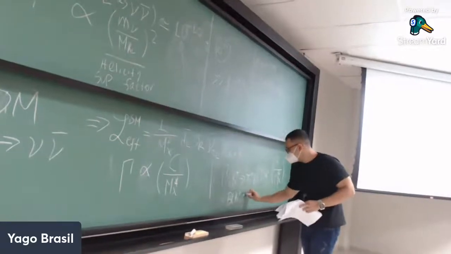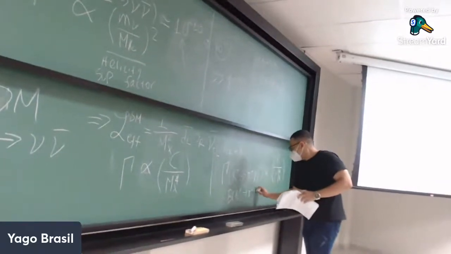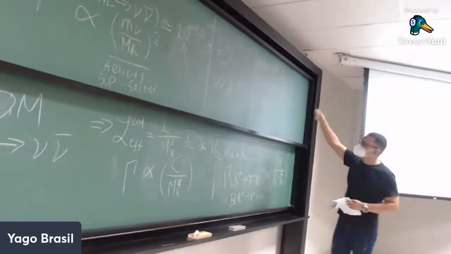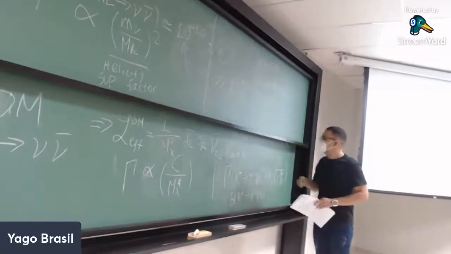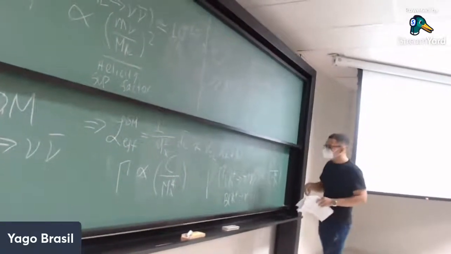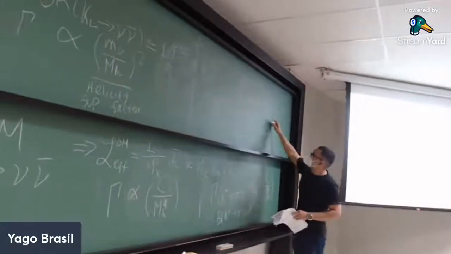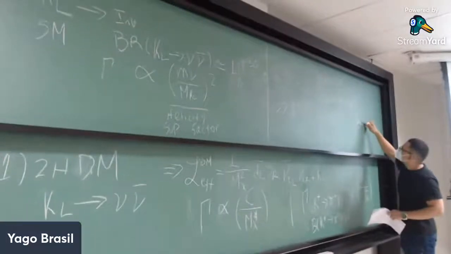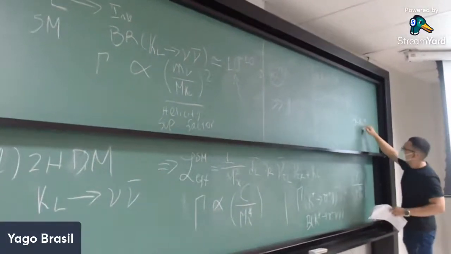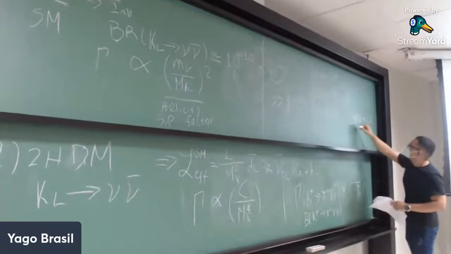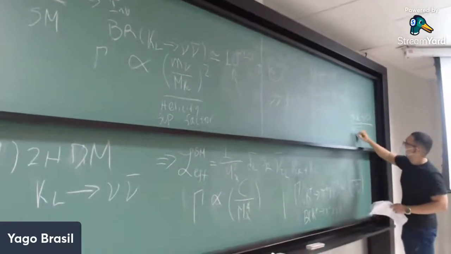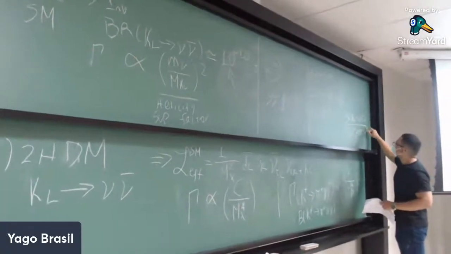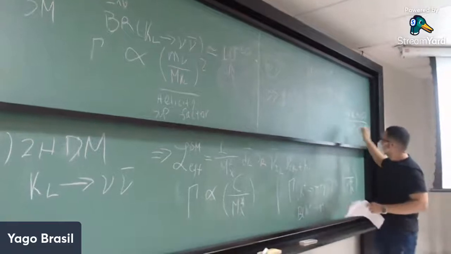We know that value. So the idea in all the models, the two Higgs doublet model, the two Higgs doublet model plus the little Higgs and mirror dark matter models, is that we can relate an experimental value, the branching ratio of the long kaon decaying to invisible particles, and the branching ratio of the charged kaons, and relate that to values.